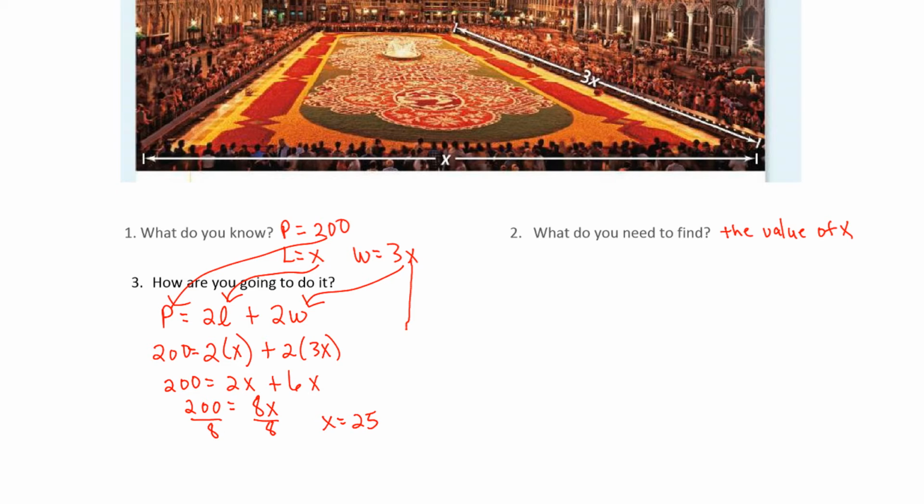So now I can substitute: my length is 25 and my width is 3 times 25, which is 75.